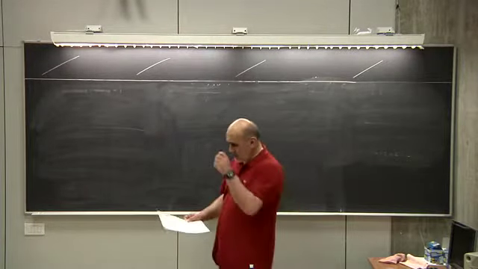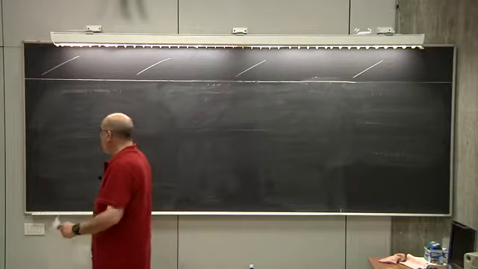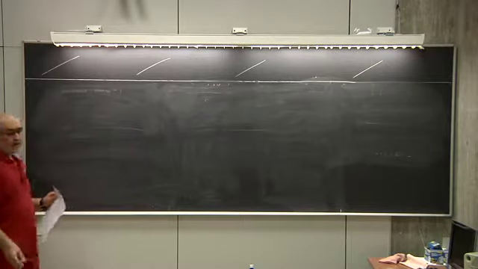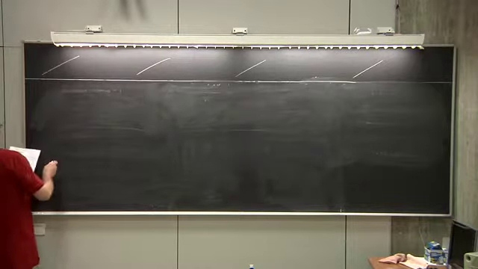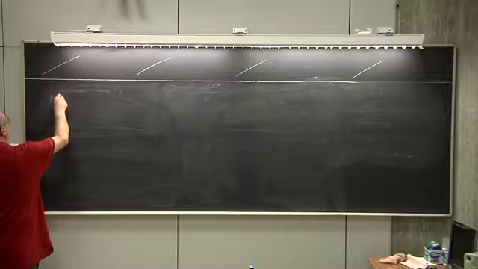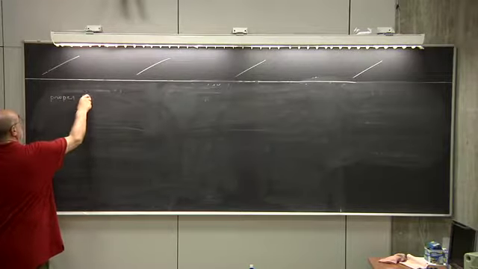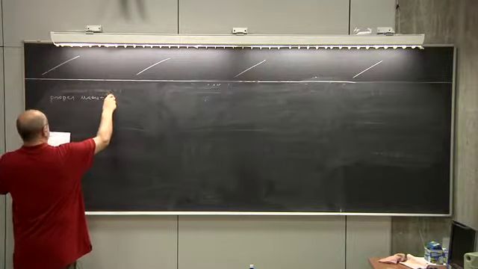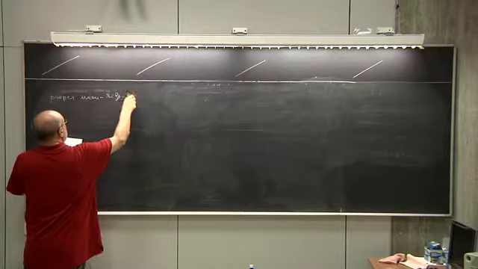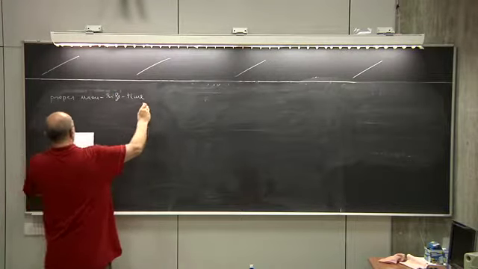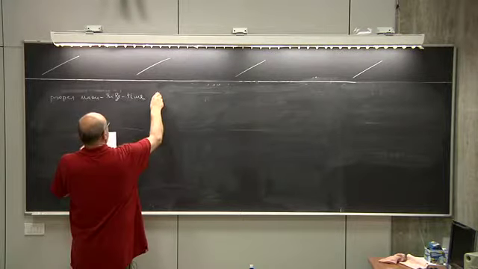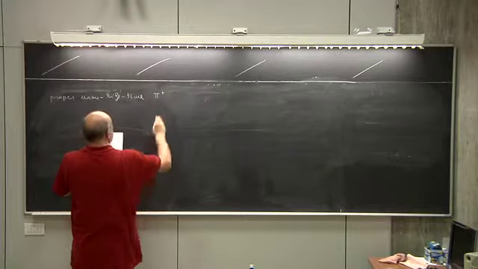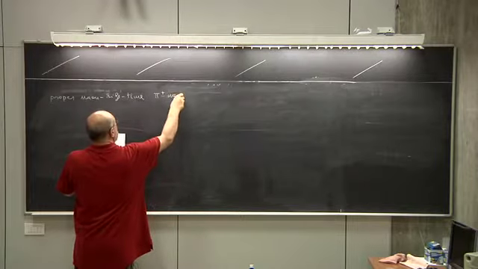Okay, let's do some simple problems now. The problems are all about proper time and so on. So the first problem is the proper mean lifetime of a particle. For example, let's take pi plus mesons.